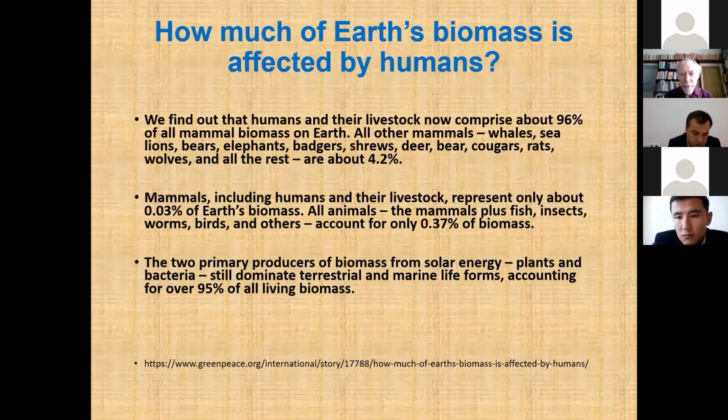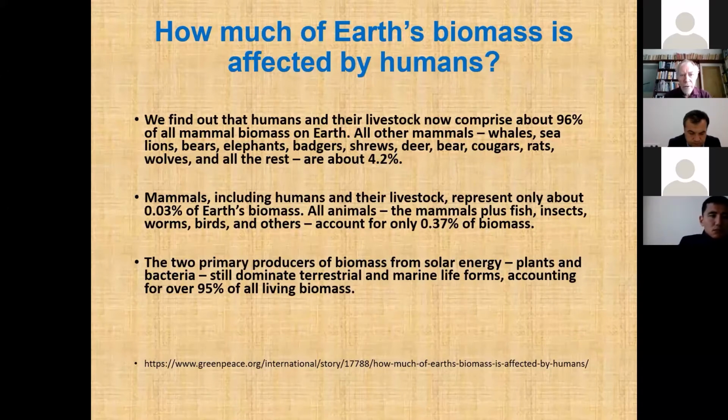Humans and human livestock, when it comes to mammals, it's about 96% of all mammal biomass on the planet. All other mammals, whales, sea lions, bears, elephants, and so on, are about 4.2%. So it's so dominated by us.